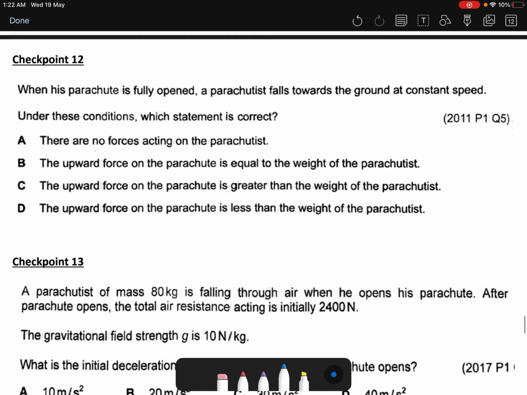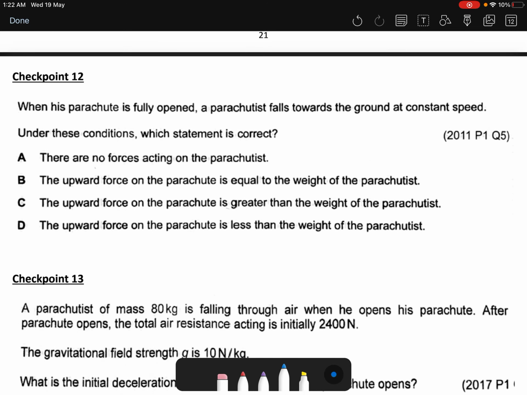Alright. Checkpoint 12 is a 2011 question. When his parachute is fully open, a parachutist falls towards the ground at constant speed. Under this condition, which statement is true? Constant speed means acceleration equal to 0, right? So A, there are no forces acting on the parachutist. This is definitely wrong. If they said there is no resultant force acting on the parachutist, this would be correct.